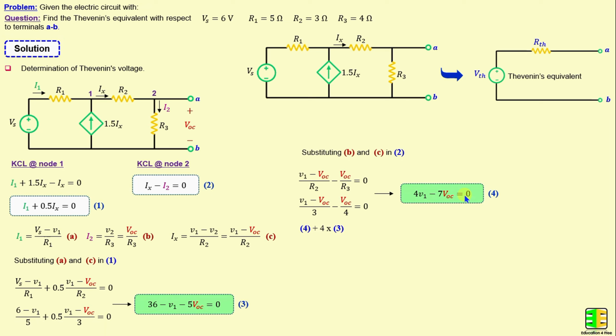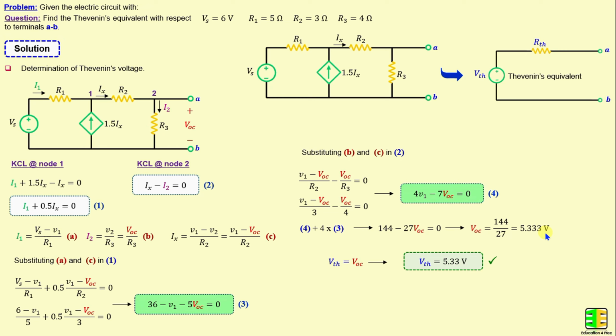Now by performing 4 plus 4 times 3, we derive one equation in terms of VOC. And from here we can calculate VOC is equal to 144 over 27 is equal to 5.33 volt. VTH is equal to VOC. That means VTH is equal to 5.33 volt.